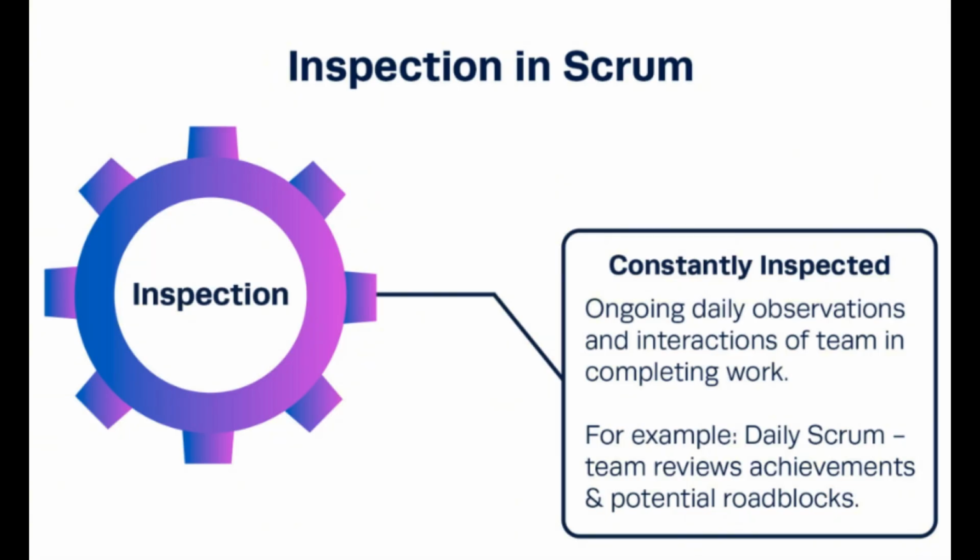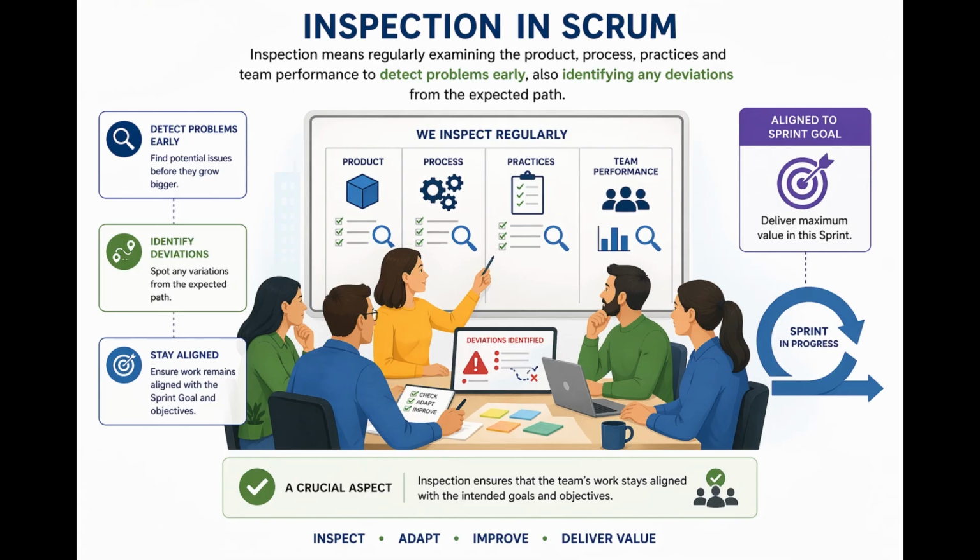Inspection in Scrum means regularly examining the product, process, practices, and team performance to detect problems early.